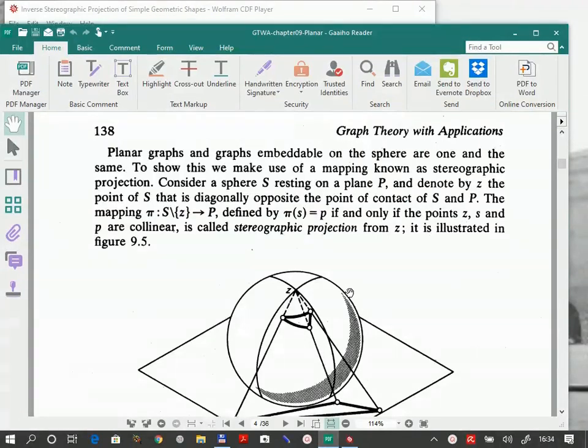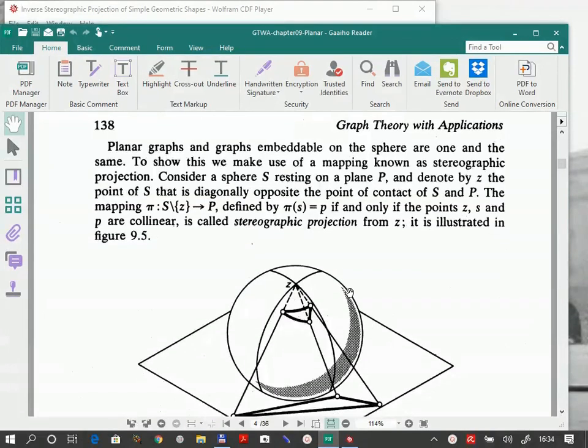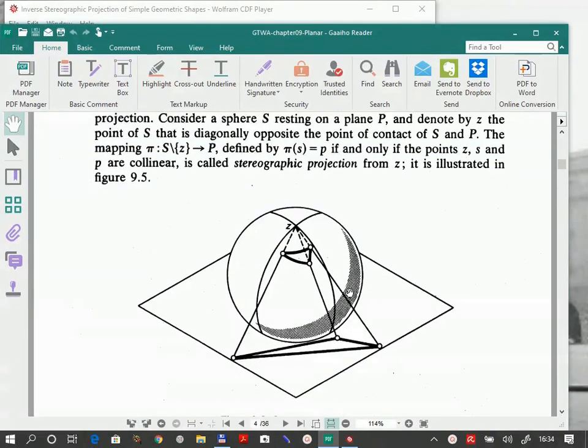Why? Because between plane and sphere we have this nice thing which is called stereographic projection. Okay, you place the sphere on a plane so that it touches in the south pole of the sphere, so to say, and now from the north pole draw all possible straight half lines, each of which intersects in exactly one point the sphere and in exactly one point the plane.